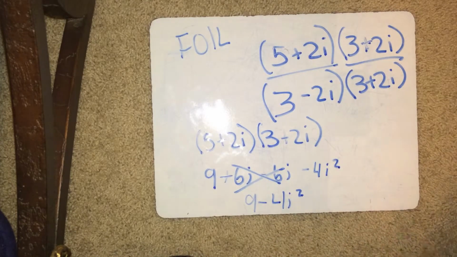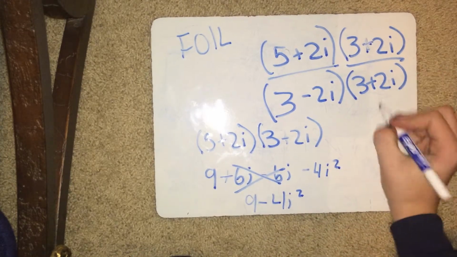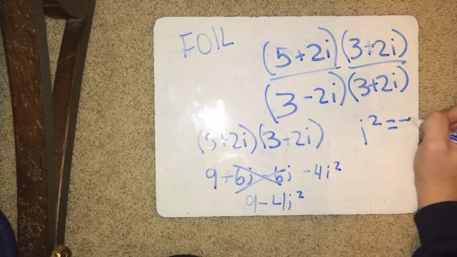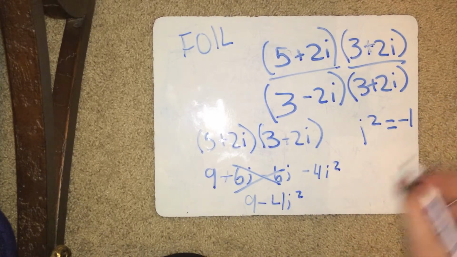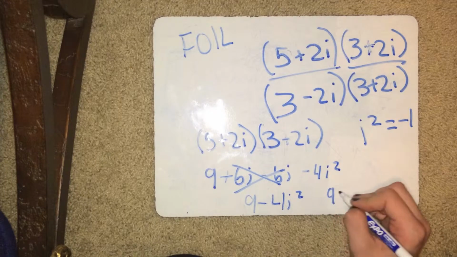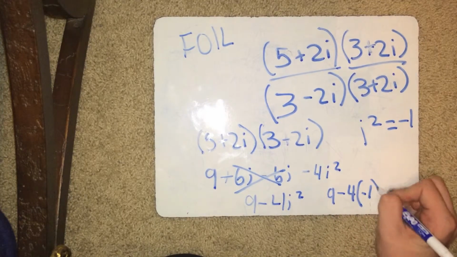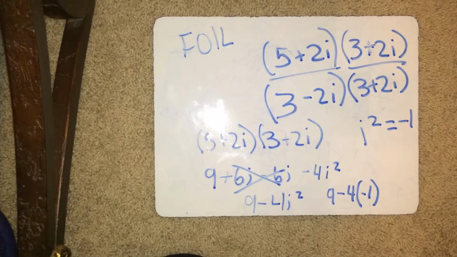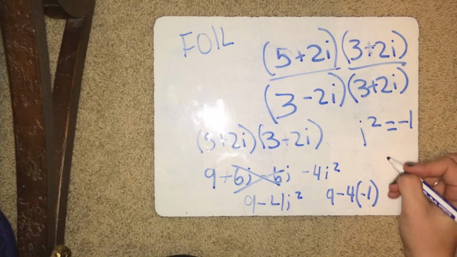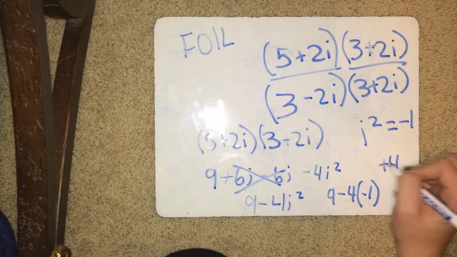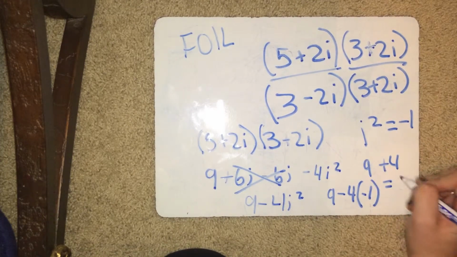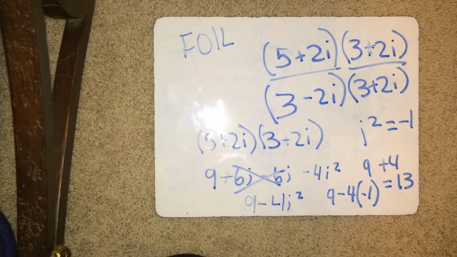And you think you're done, but do not forget that i squared equals negative 1. And we're going to substitute that negative 1 in, making it 9 minus 4 times negative 1. Negative 4 times negative 1, because it's a subtraction, equals positive 4, making it 9 plus 4, which equals 13.